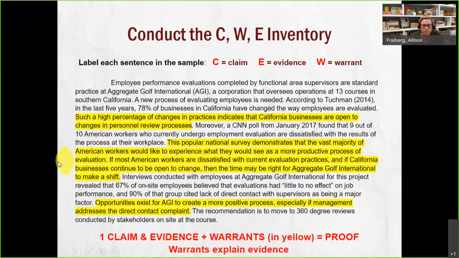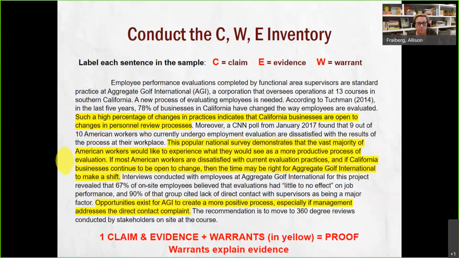This popular national survey, the CNN survey, demonstrates that the vast majority of American workers, 9 out of 10, would like to experience what they would see as a more productive process of evaluation because they're dissatisfied, so they want to be satisfied, right?